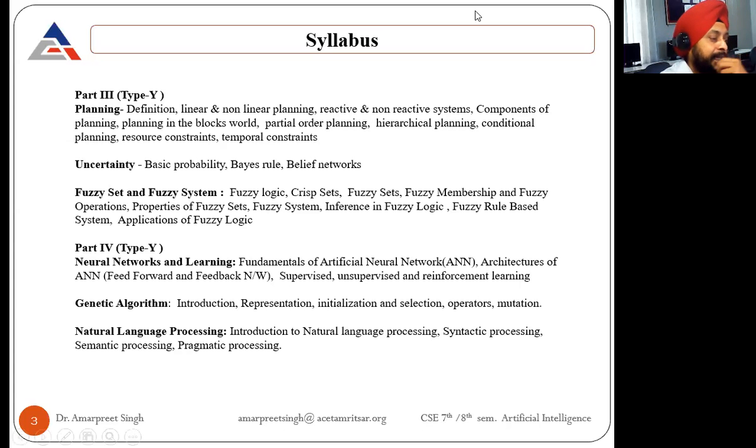Next, coming to the genetic algorithm, the second chapter of the fourth unit. I will tell you what is the concept of genetic algorithm and why we are studying the genetic algorithm in AI. We will see different processes in genetic algorithm: representation, initialization, selection, operators, and the mutation.